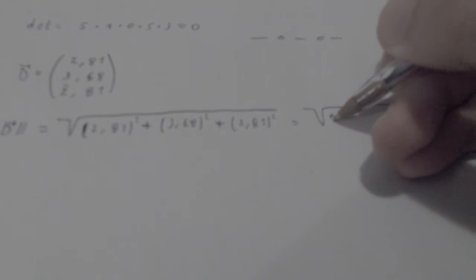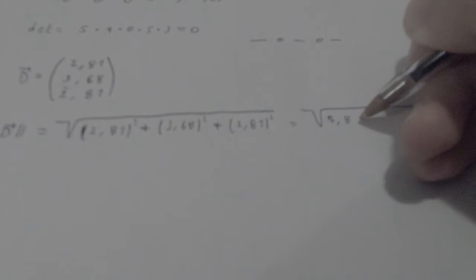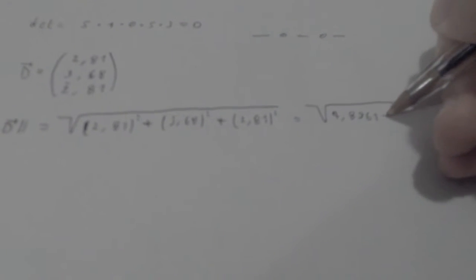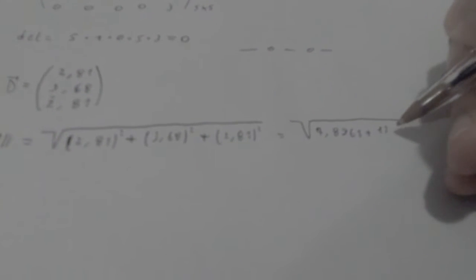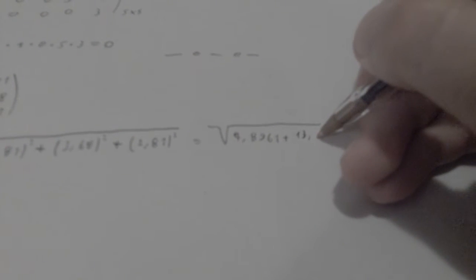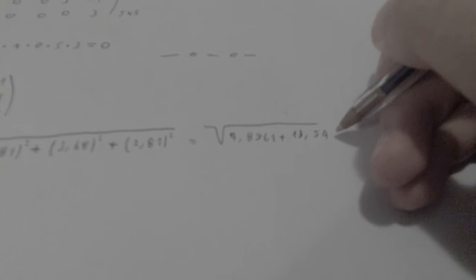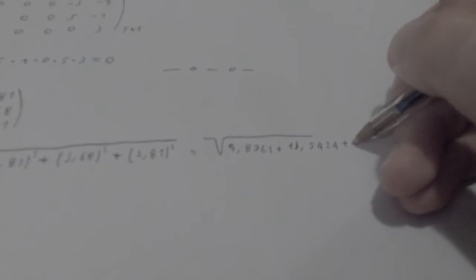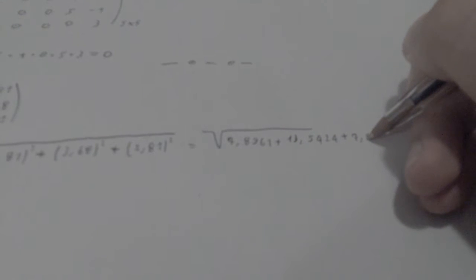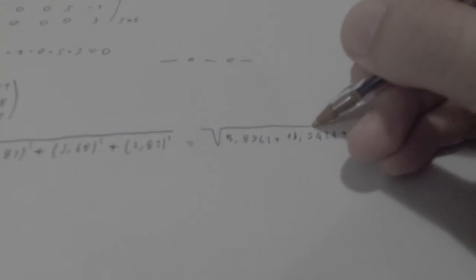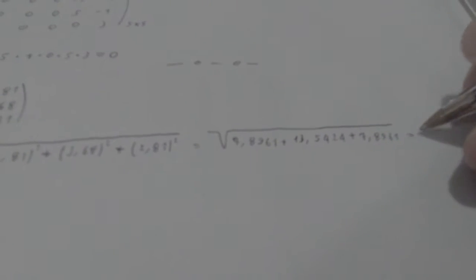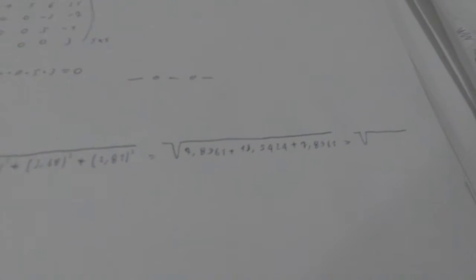So you basically have 7.8961 plus 13.5424 plus 7.8961, and then we take the square root of this.